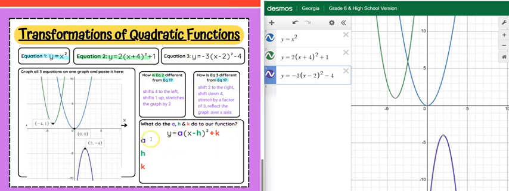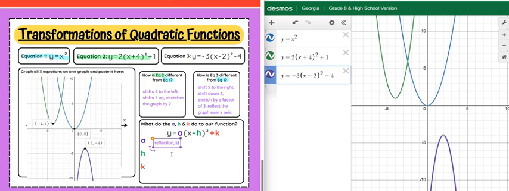All right, so each of these parts, we put them all together. The A talks about reflection. If it's negative, it flips the graph down. If it's positive, it stays like it is.